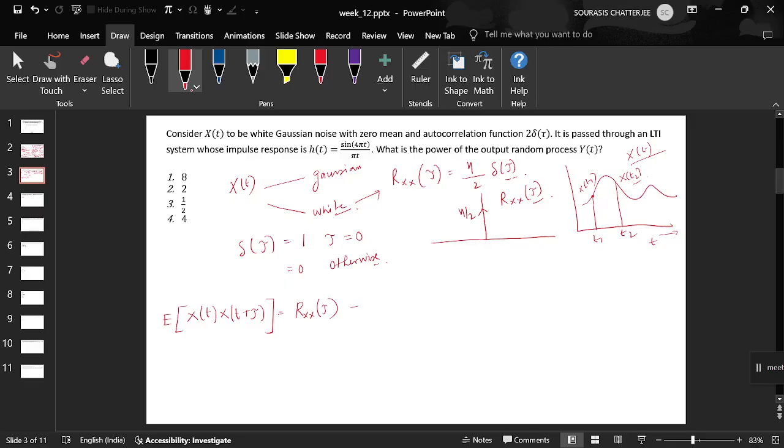Now that being 0 for tau non-zero, what does it mean? It means that X t and X t plus tau are uncorrelated for non-zero shift tau.